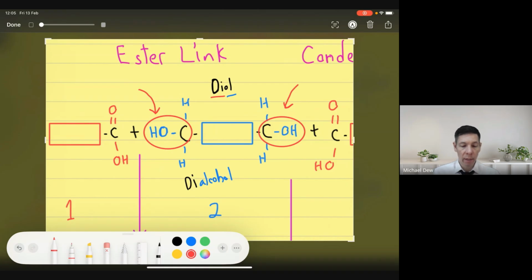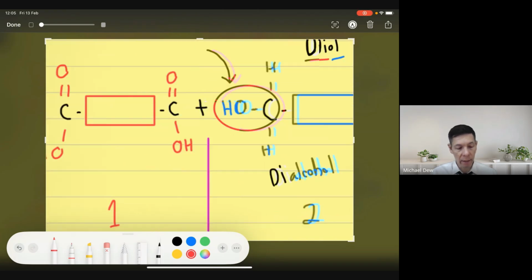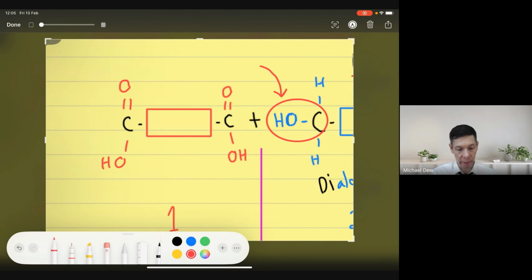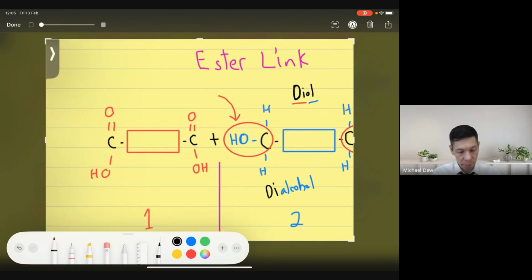So we've got an alcohol group on the left and right side. Again, this allows this particular molecule, a diol or dialcohol, to create an ester bond on both sides, left and right, just like the dicarboxylic acid. So for this would be a carboxylic acid.